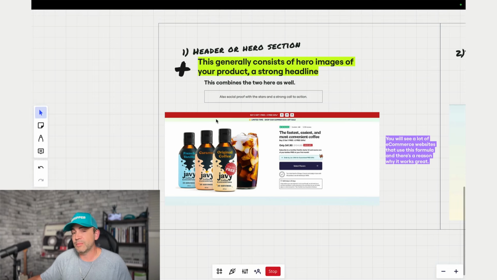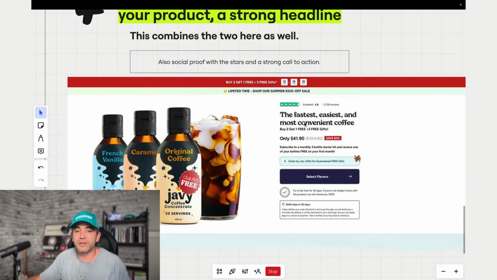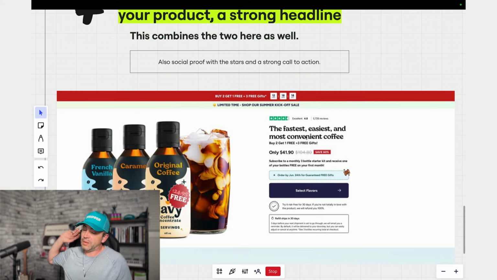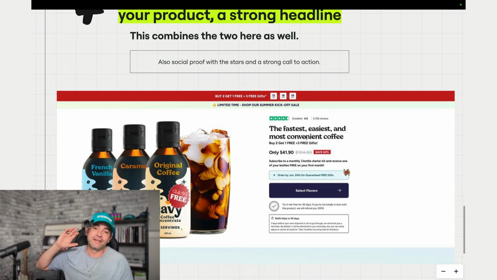If you're going to be building a page, I would highly suggest doing a bunch of tests on 2 things on this part of the page. First of all, the headline. Again, it's very, very important and is usually one of the biggest causes of people's decision-making frameworks.